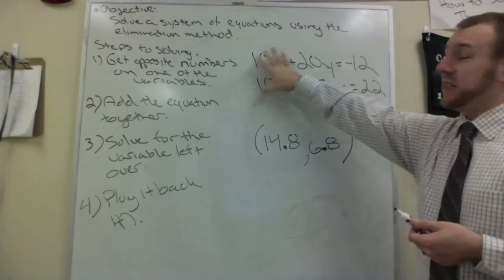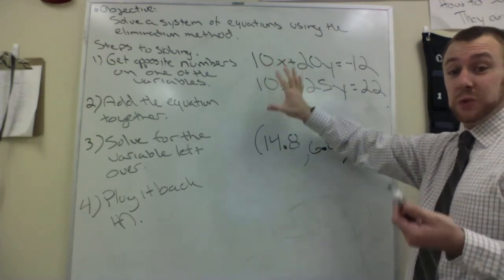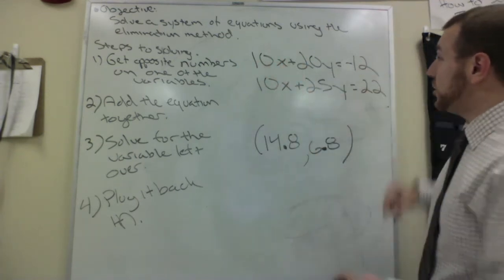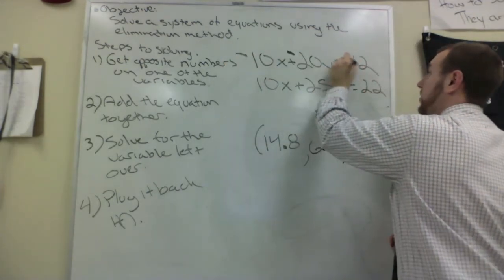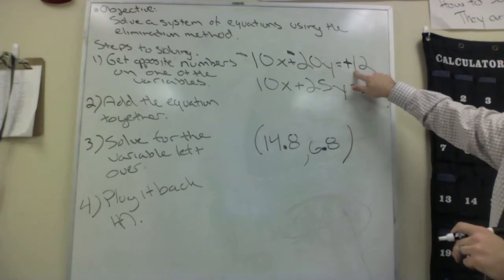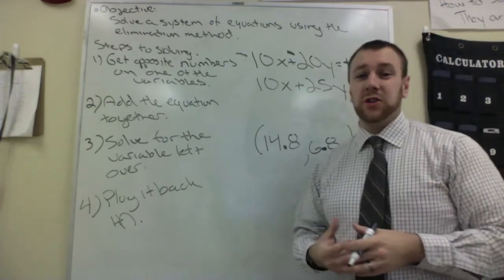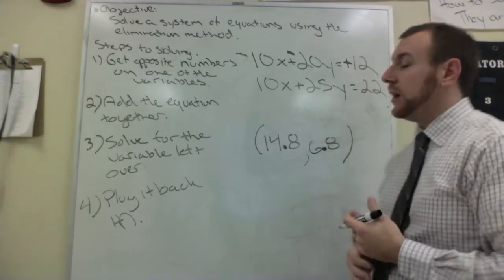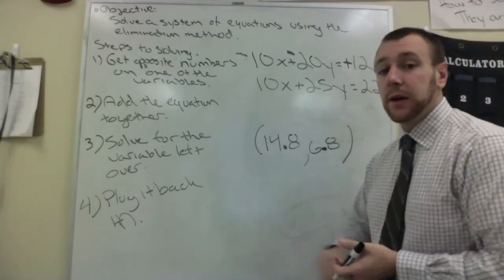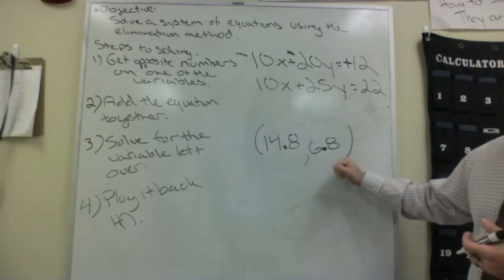So if I am trying to change these 10 x's, and I gotta change one of them to a negative, I would choose to change this top one to a negative so that I get that to a positive, okay? Generally, I try to use as few negatives as possible, and this kind of helps that out. Okay, so it should be 14.8, 6.8.